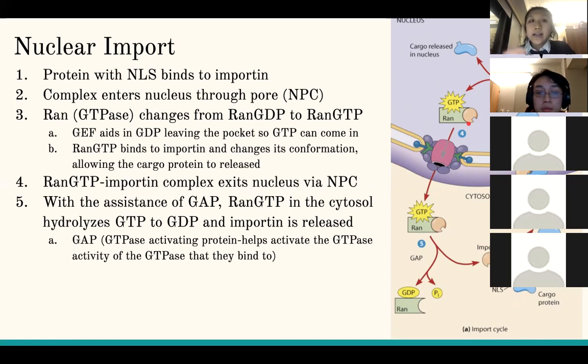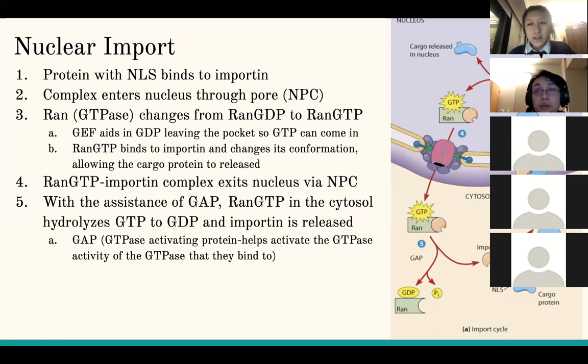So inside the nucleus, you have what we talked about before. At first, RAN is bound to GDP, but then GEF comes in to help it out. The GDP dissociates, so it lets go, and GTP filters in and binds. When importin binds to RAN GTP, it causes a conformational shift here.